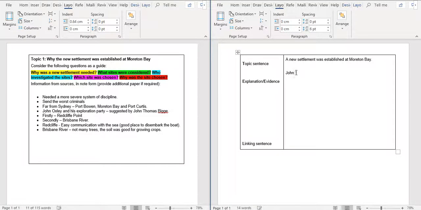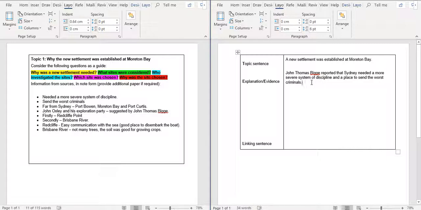John Thomas Bigg reported that Sydney needed a more severe system of discipline and a place to send the worst criminals. Okay, so he reported that that's what they needed.